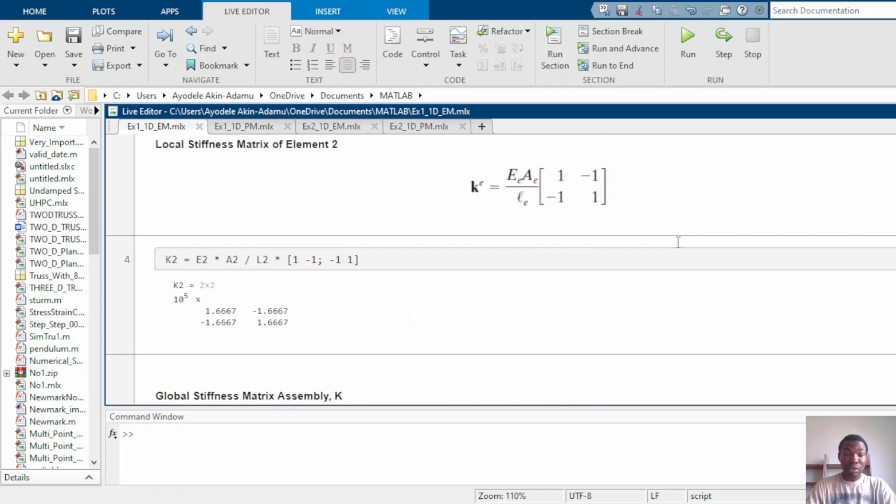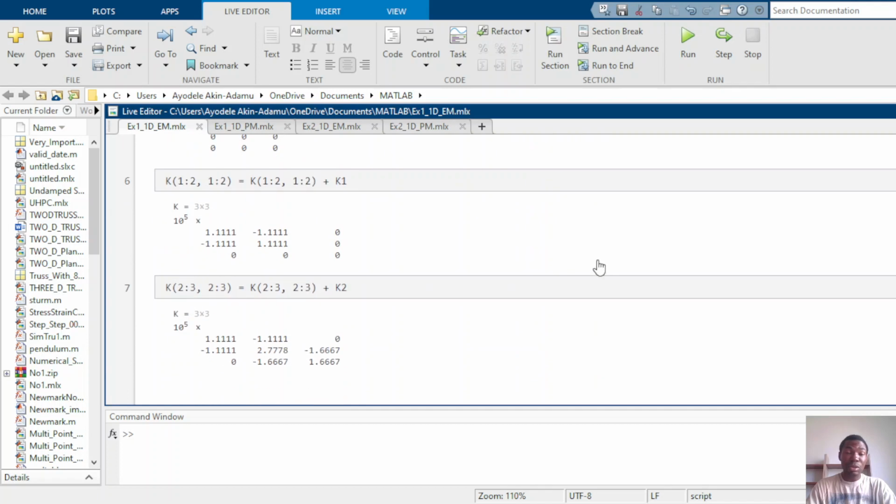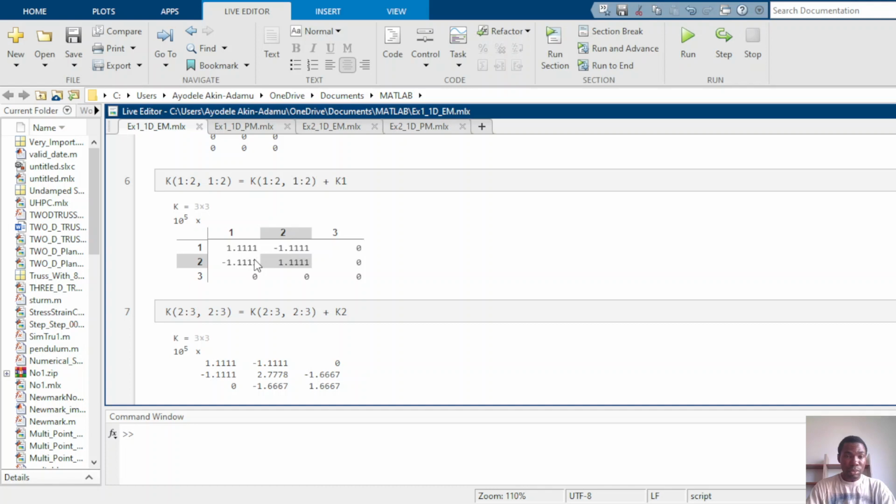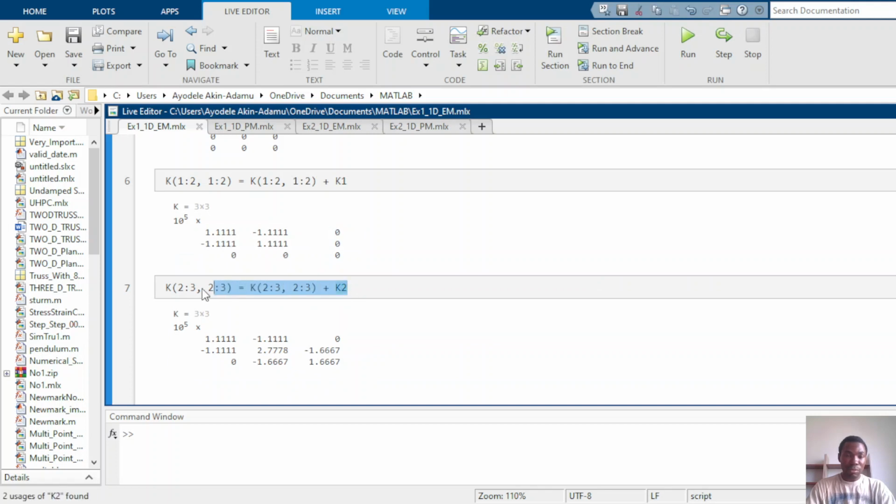So it means that we are going to add K2 between 2 and 3 along the row. Let me show you. 2 and 3 along the row, and 2 and 3 along the column. That is at this point, at this point, at this point, and at this point. So we do this using this MATLAB code.